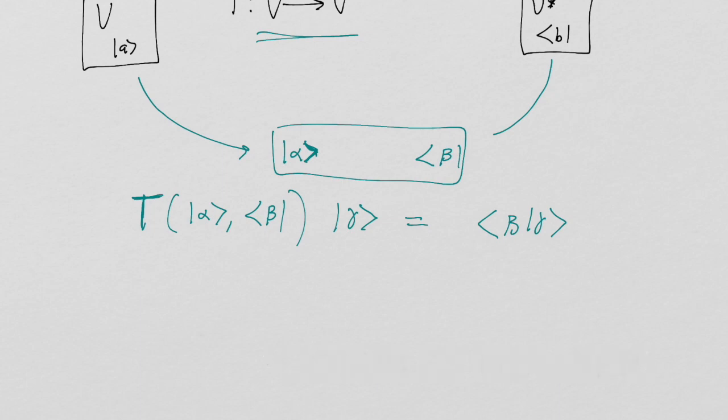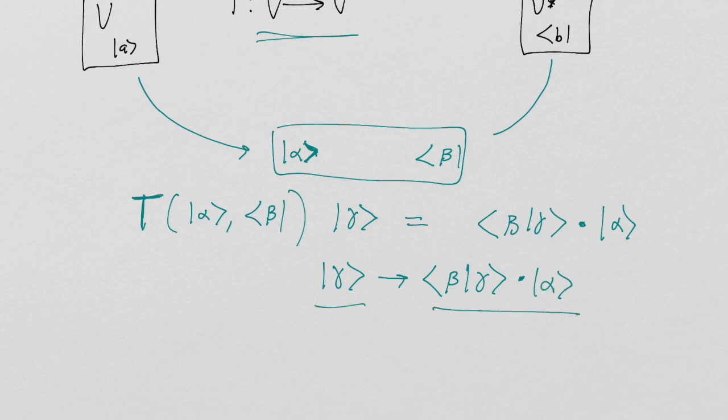Well, I have a ket, alpha, so I can just scalar multiply this complex number by alpha, and I have created a map that takes gamma to this new ket. And that's a ket, because remember, this is just a complex number times a ket, and that's another ket. And kaboom, I've done it.